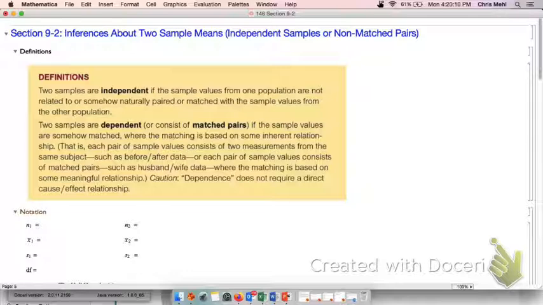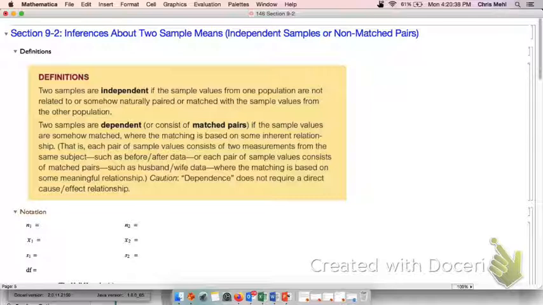Two samples are dependent or consist of matched pairs if the sample values are somehow matched, where the matching is based on some inherent relationship, like before and after data, two measurements from the same subject, or each pair of sample values consisting of matched pairs, such as husband-wife data, where the matching is based on some meaningful relationship.